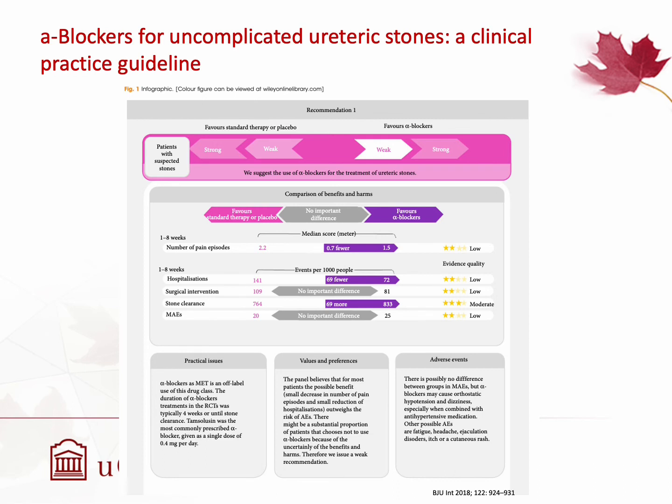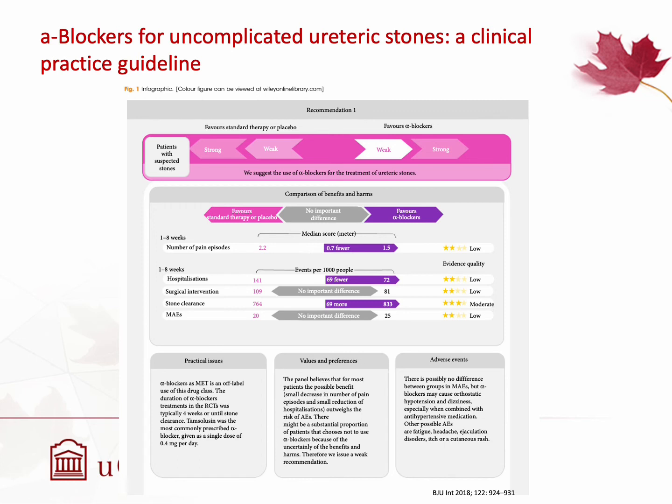Basically, I think the take-home points, the practical issues at the bottom, are that alpha blockers as medical expulsive therapy is an off-label use of this drug class, and the duration of use is typically about 4 weeks or until stone clearance, with tamsulosin as the most commonly prescribed alpha blocker. What are the potential benefits?